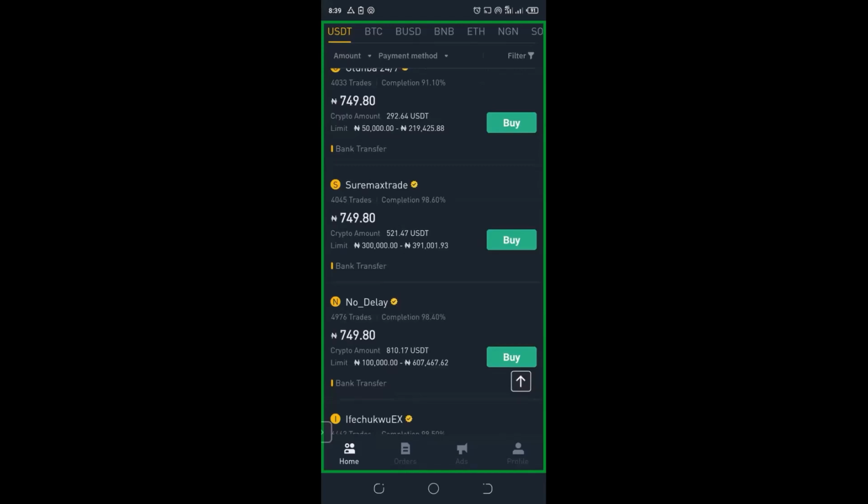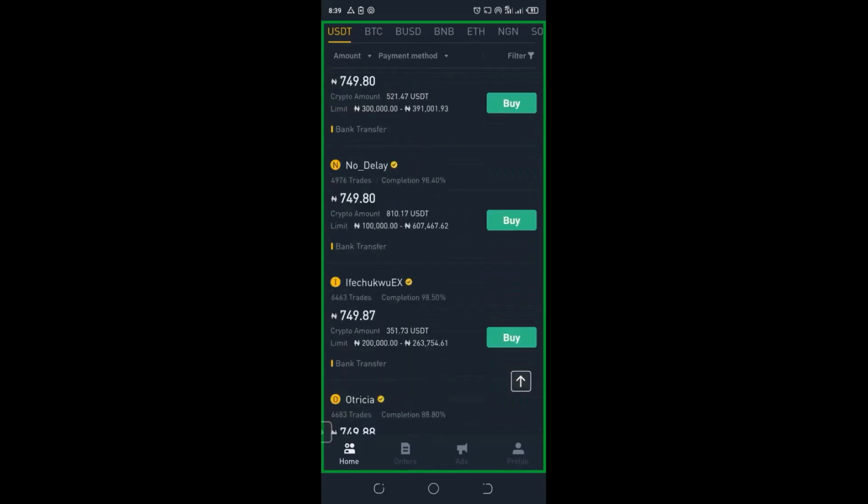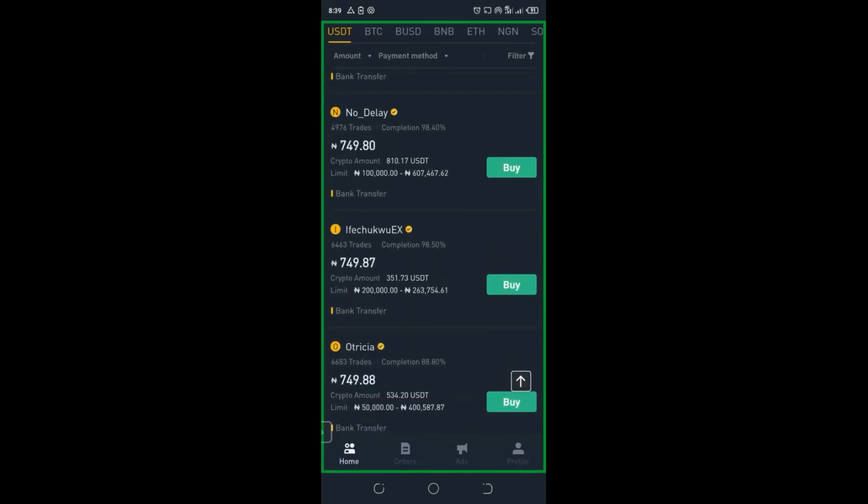You want to look at the person who has the most traded volume, a reasonable number of completed trades over time, and you also want to look at the completion percentage. The reason we advise this is because you want to get rid of scammers. You don't want to fall prey to scammers, so take note of that.